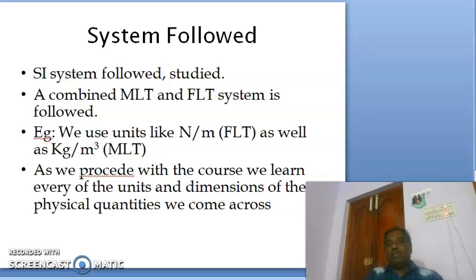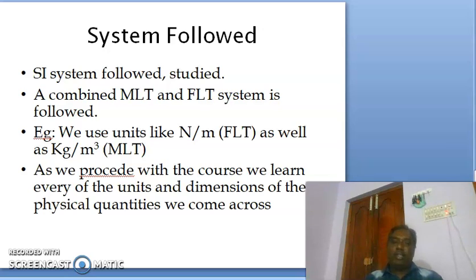Which system do we follow? Under the unit system, the SI system is largely followed and studied nowadays, and a combination of MLT and FLT system is followed.